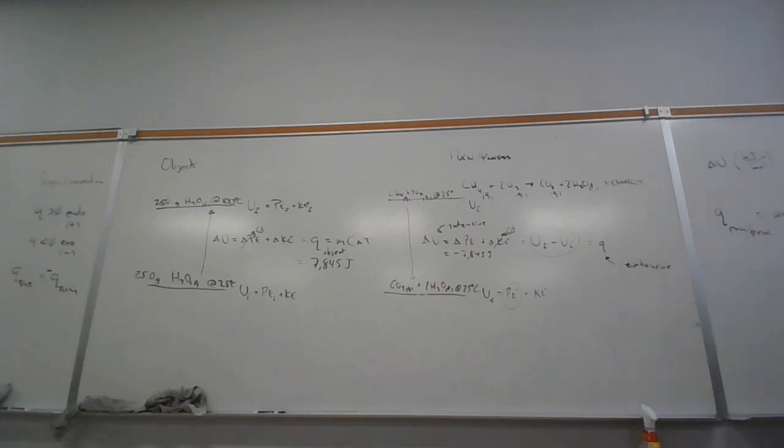And so to figure out the specific heat of the bomb, what we do is a calibration. How can you calibrate the bomb? Well, if you know how much heat is given off by something, it's actually pretty straightforward to calibrate the bomb. You'd have to do an experiment. And so let's take a look at calibrating the bomb calorimeter first.